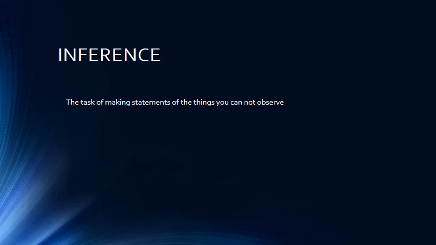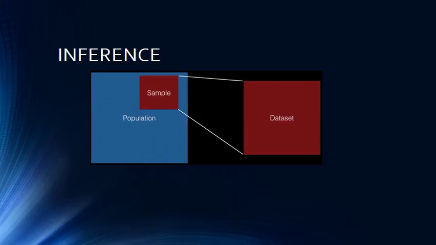There are ingredients that you need to make sure you have in order to make inference from data, and we'll go through that right now. First, we need to have a population. We need to take out a sample from our population and be able to come up with a data set.